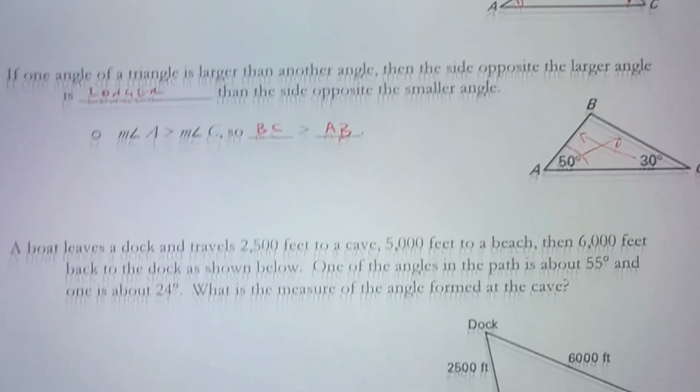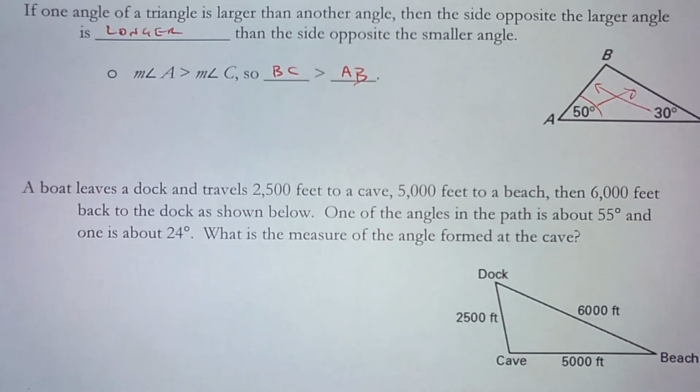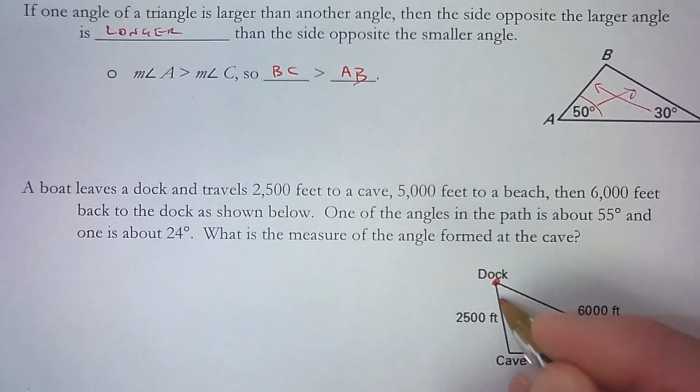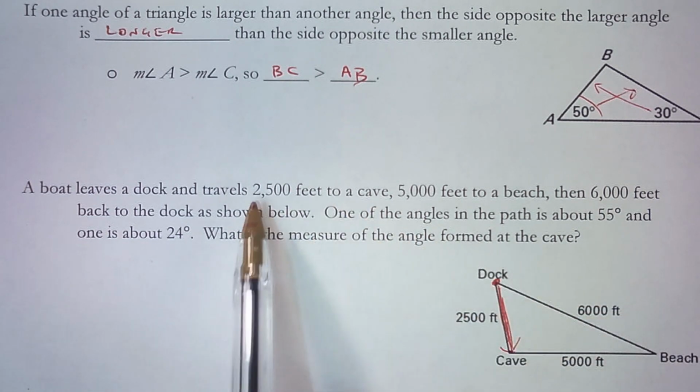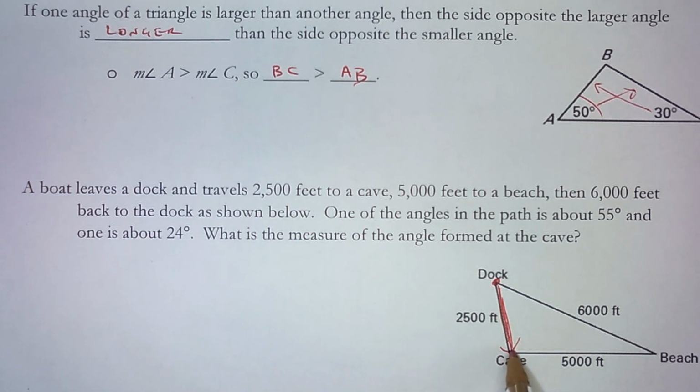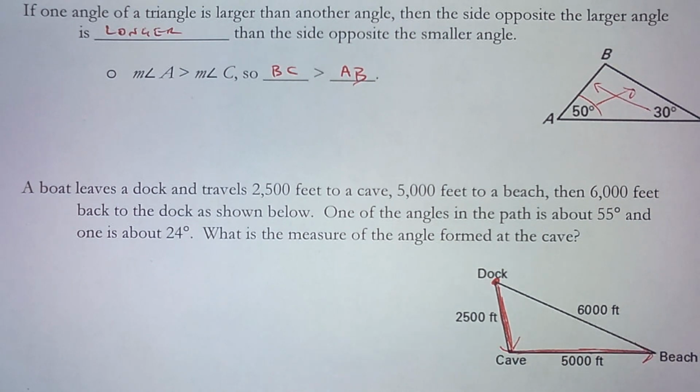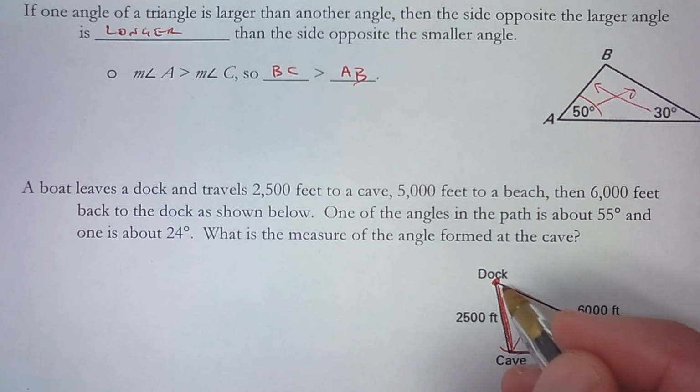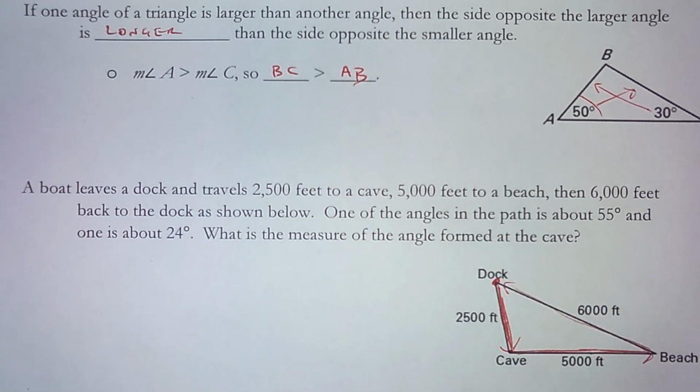Okay, so a boat leaves a dock and travels 2,500 feet to a cave. So here it starts at the dock, it travels to the cave. Okay, so it's 2,500 feet to the cave. Then it travels 5,000 feet to a beach, and then 6,000 feet back to the dock.